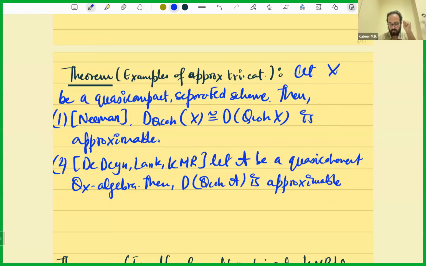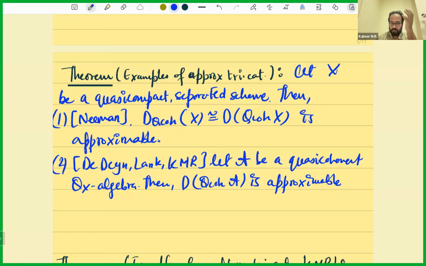I think this follows from, at least in the affine case, for example, this goes back to Bökstedt-Neeman, section 6. But in the non-affine case, I think one reference would be Lipman's book on representability. I was thinking that because in the Stacks project, which is one place I have gone to on past occasions for these kinds of triangulated equivalences, I think they were doing it for Noetherian schemes.